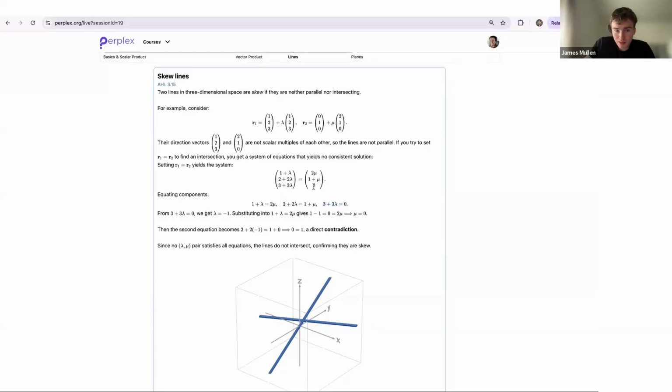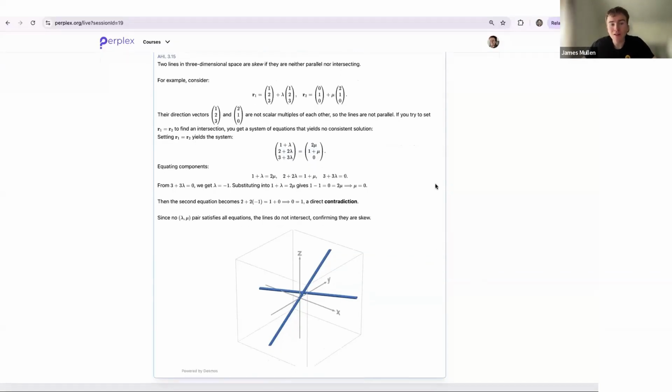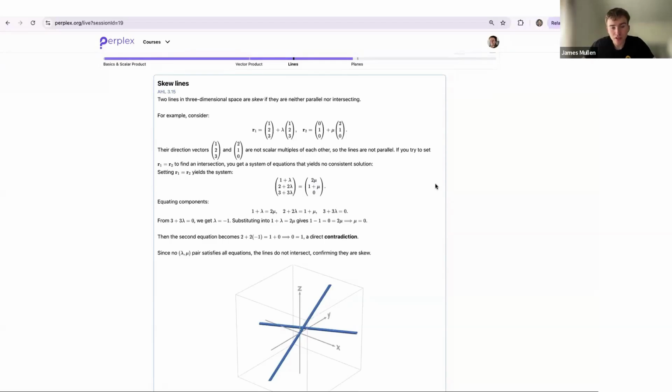This last equation tells you that lambda is equal to -1. And if I substitute that into the first equation, that means that mu must be equal to 0. But that doesn't work in the second equation, right? And so you're going to find that there's no choice of lambda and mu that can satisfy all three equations. That tells me that there is no intersection. And it's the fact that they're also not parallel that tells me that these lines are skew. If the directions were parallel and there's no intersection, then they would just be parallel lines.